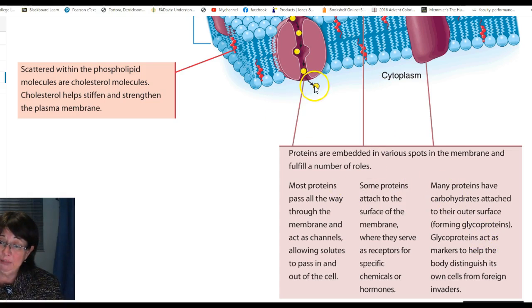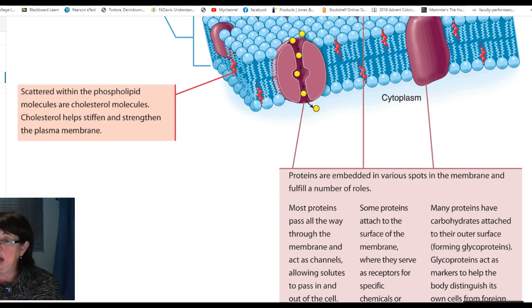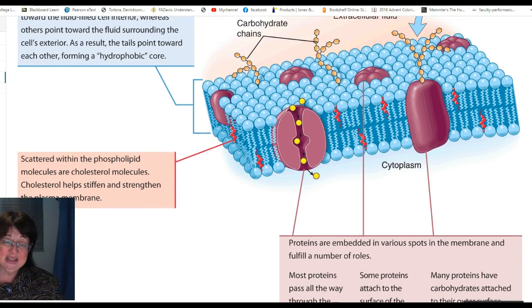When we talk about proteins and receptors, one of the things, if you've been following the production of the COVID vaccine, it talks about the spikes on the outside.